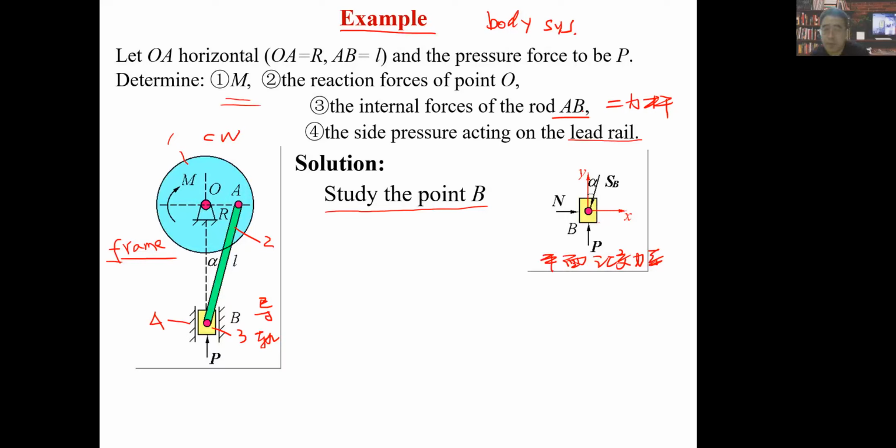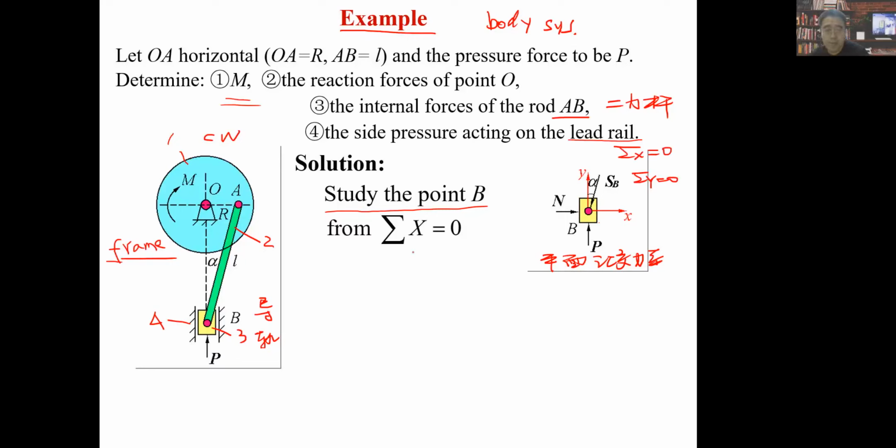So actually, this is just a very simple coplanar concurrent force system. It has two equations if it's in the state of equilibrium. One is sigma x equals 0, another is sigma y equals 0, right?